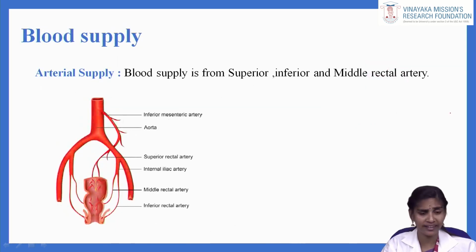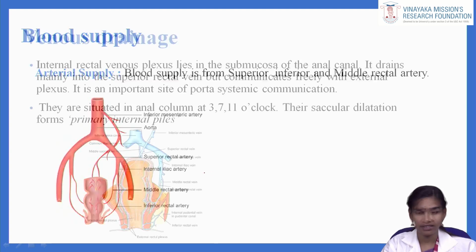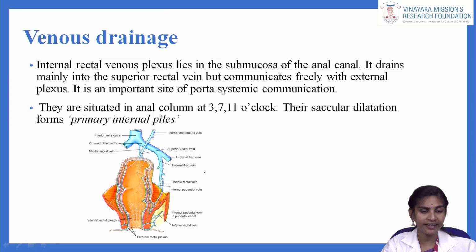The blood supply of the anal canal, both anus and rectum, is by the rectal arteries: superior, inferior and middle. Moving to venous drainage, the internal rectal venous plexus lies in the submucosa of the anal canal. It drains mainly into the superior rectal vein but communicates freely with the external plexus.